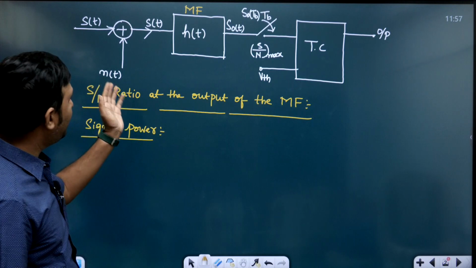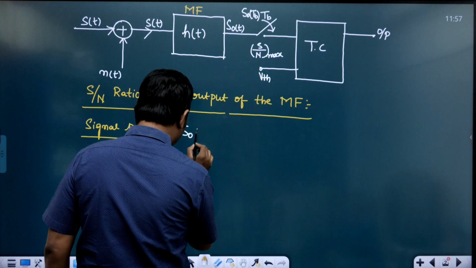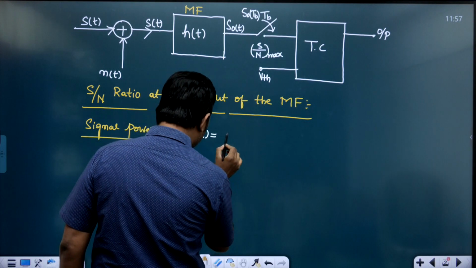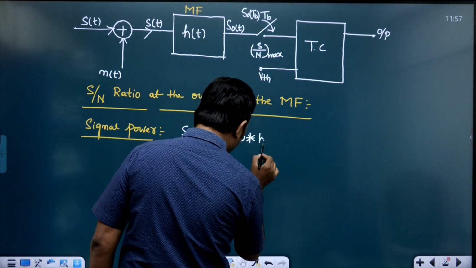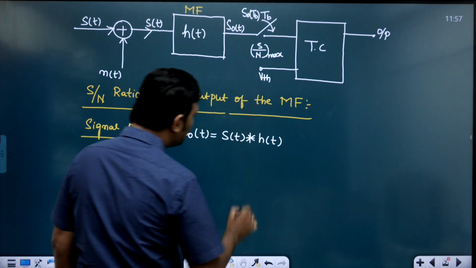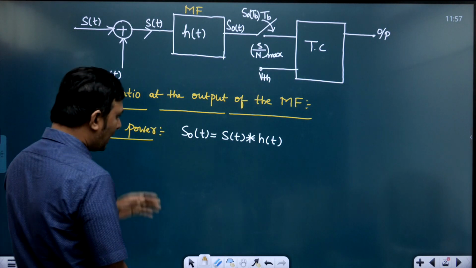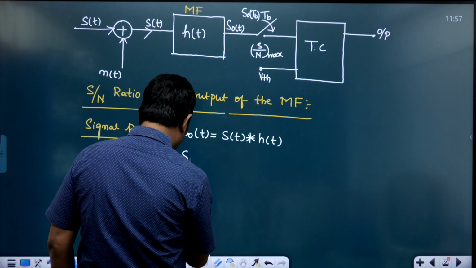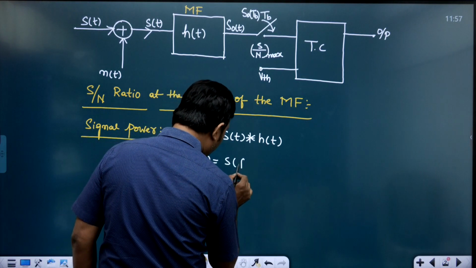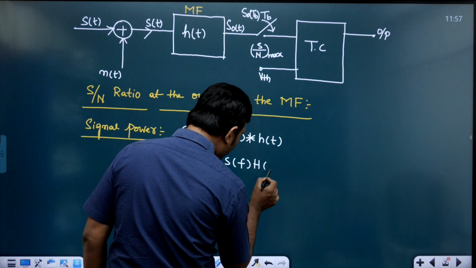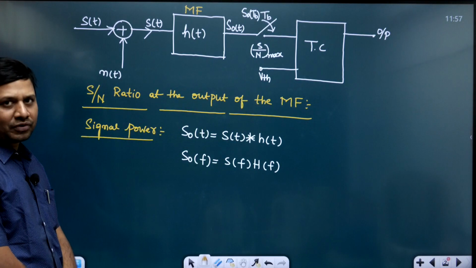We know that given input and impulse response, output of LTI system is nothing but the convolution of input with impulse response. And applying Fourier transform, we know that convolution in time domain is equivalent to multiplication in frequency domain.